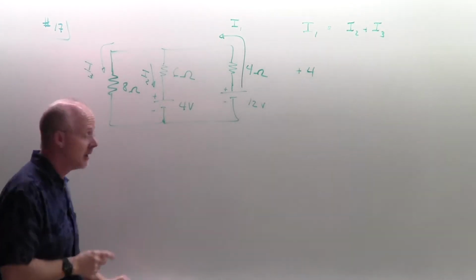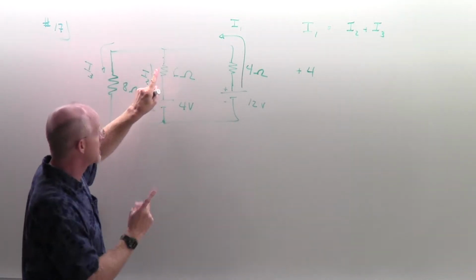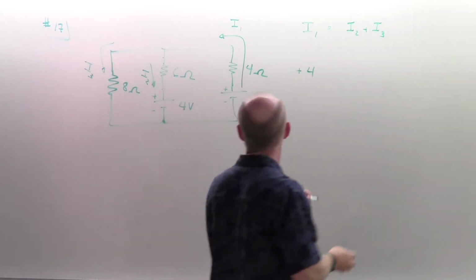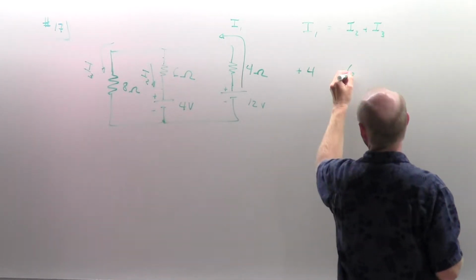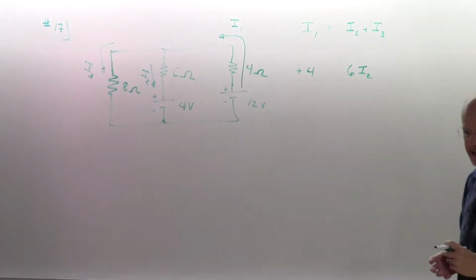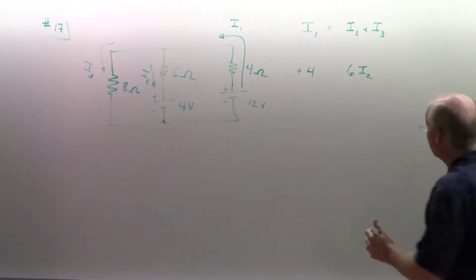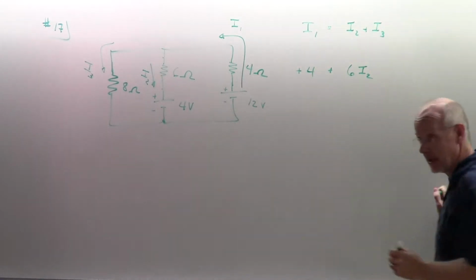All right? So this is a plus 4 because I go from little line to big line, not because I go against the current. With that said, then when I go through my circuit and I change my voltage by 6I2, is it a plus or a minus? Is it an increase or a decrease? Answer? It's an increase. Why?